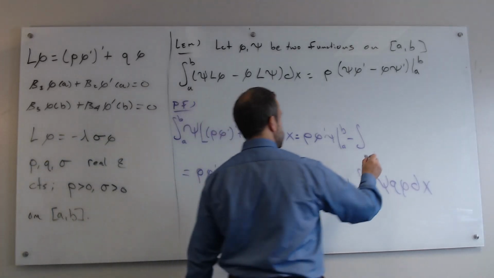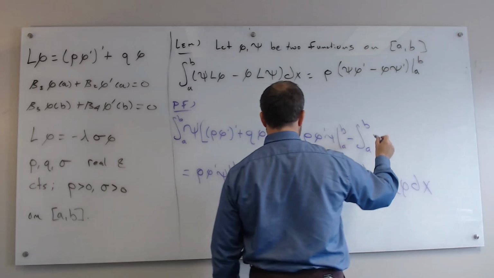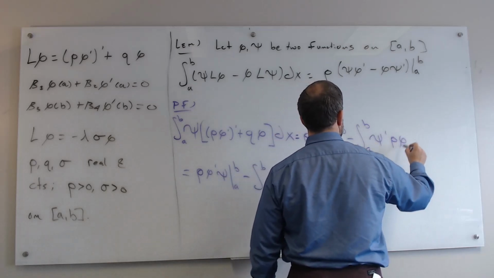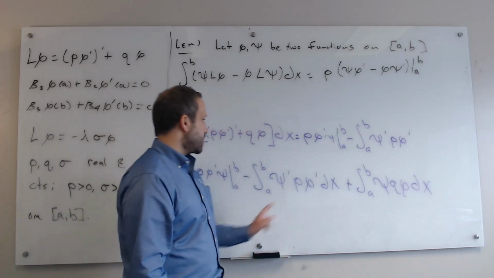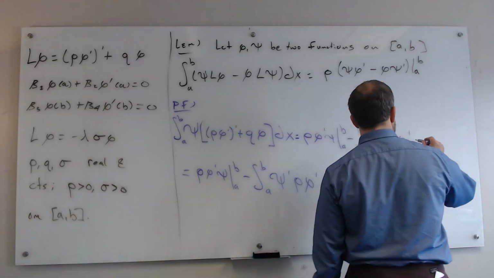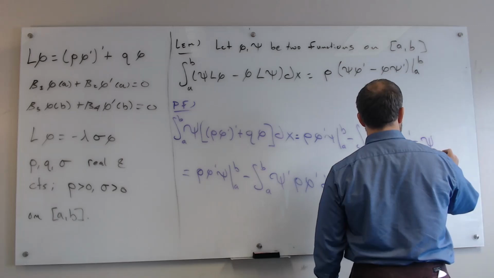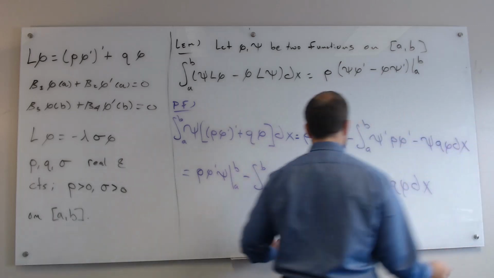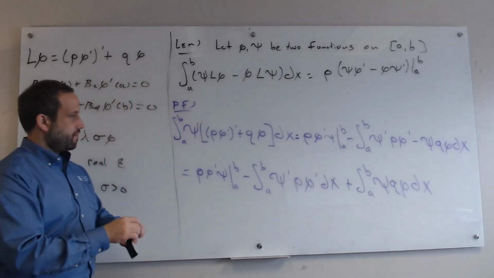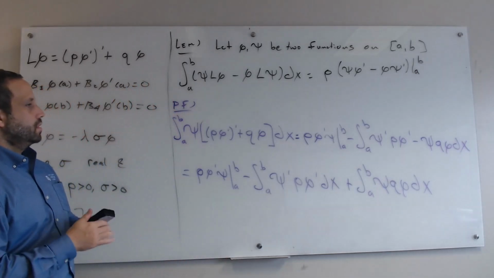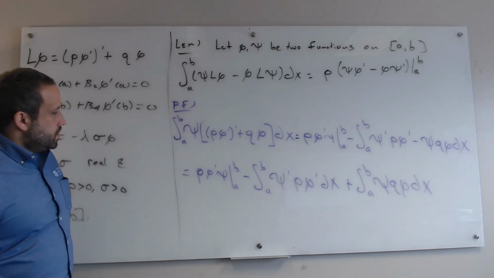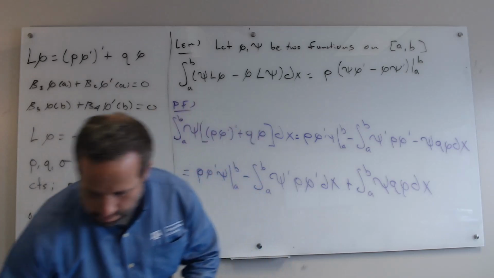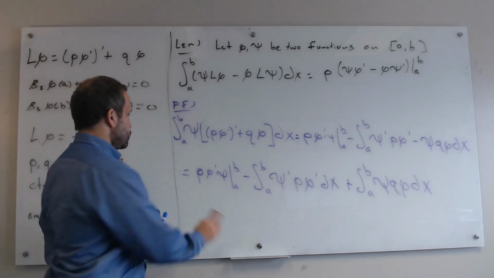So I'm going to have the integral from a to b, psi prime p phi prime, but I have a plus there and a minus there, so it's going to be minus psi q phi dx. That's what I have. Okay, so I'm going to erase this.